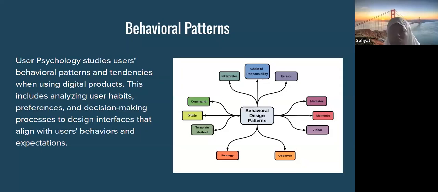So for user psychology, study your users' behavior patterns, and there are different kinds of behavior that users can show. This includes analyzing user habits, variance, and decision-making processes to design interfaces that align with user behaviors and expectations. So you want to design for this aspect, which is more about understanding your user and giving them what they want.